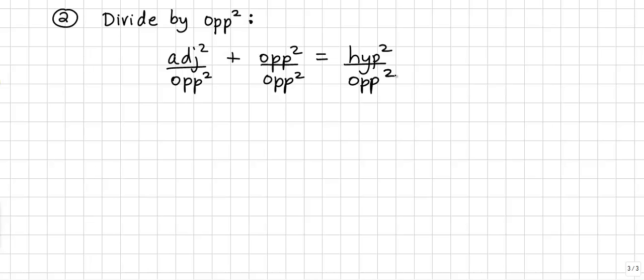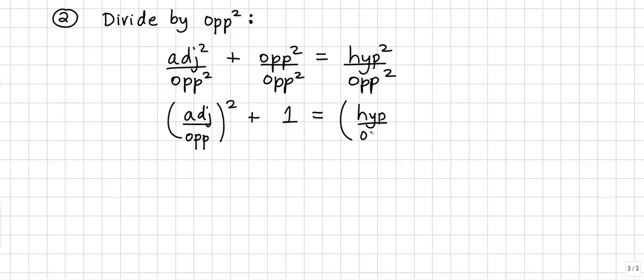And I think you can probably see where I'm going with this. This would be the fraction adjacent over opposite quantity squared plus the value 1 equals the quotient hypotenuse divided by opposite quantity squared, using our rules of exponents.